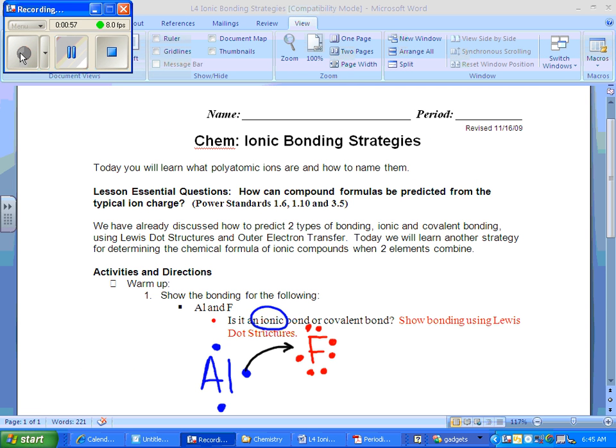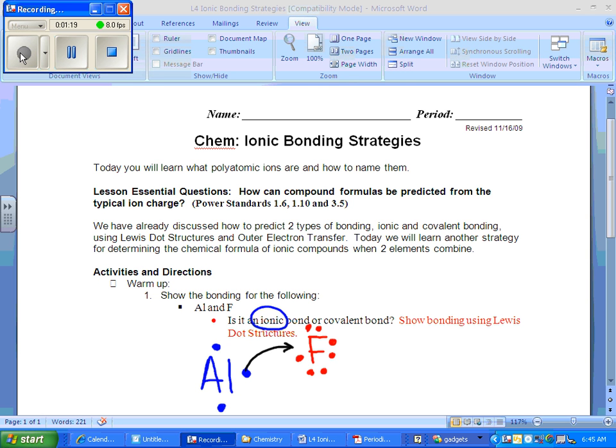Fluorine has 7 valence electrons. So I just did the Lewis dot structures for those things. And if you'll notice, aluminum doesn't have enough to share. It's going to want to lose those 3 electrons, so it's going to start transferring those electrons. So fluorine needs 1, so one of those electrons can go to fluorine.